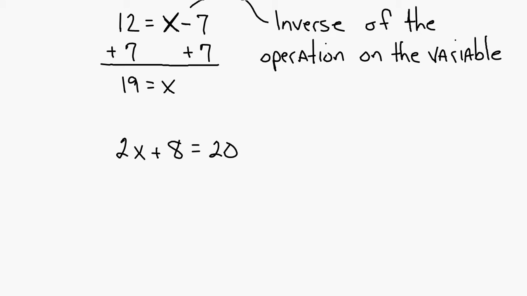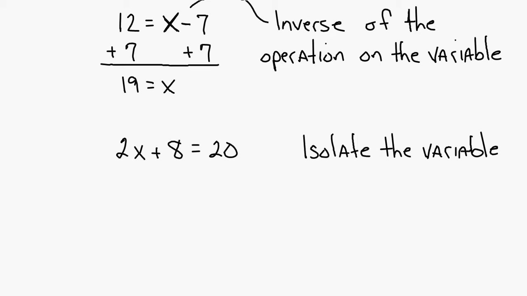The first thing you're trying to do is isolate the variable. Okay? So the first rule is to isolate the variable. And that means to get it by itself.